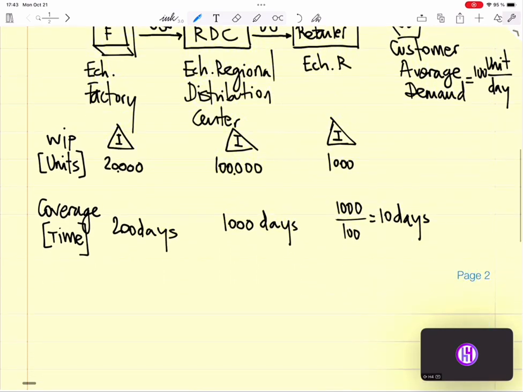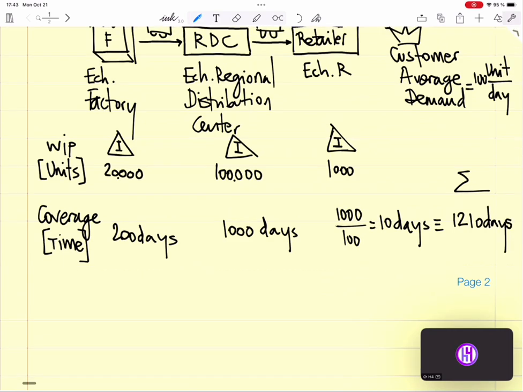So your overall coverage in your supply chain is 1,210 days of demand. Any questions about this simple example?